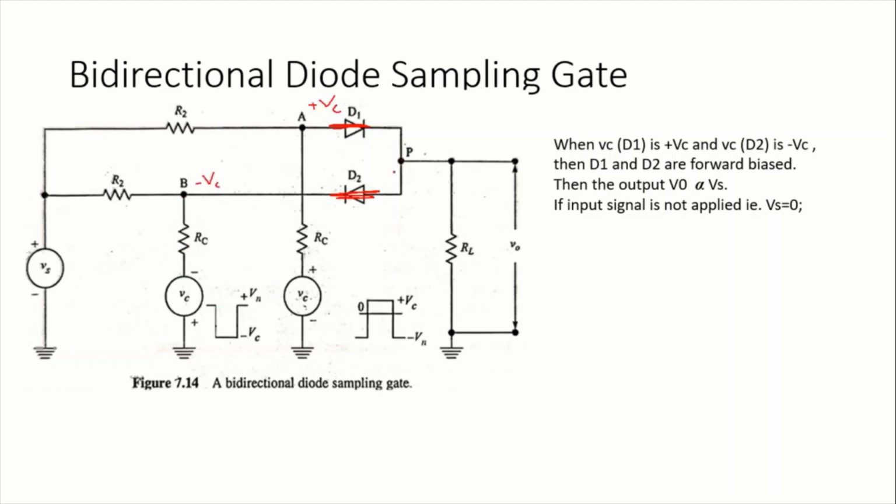As these two get connected at the node P, using superposition theorem this becomes plus Vc plus minus Vc. These two are equal in magnitude but in opposite direction. So the net effective voltage you get here is 0 volts. So the output voltage will be 0 volts if the input signal applied at this gate is 0.